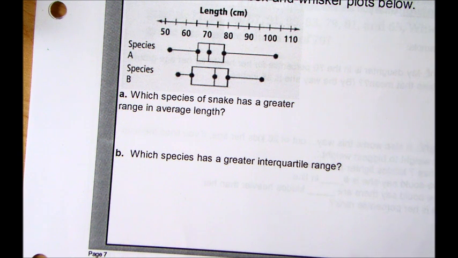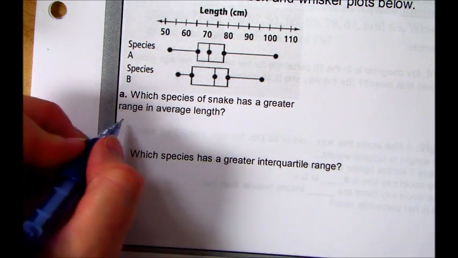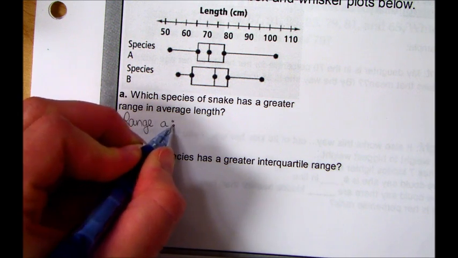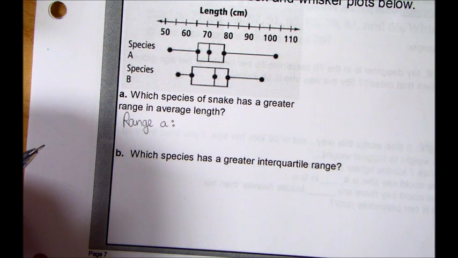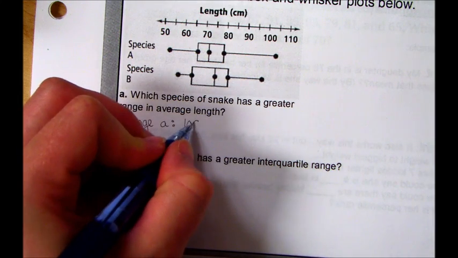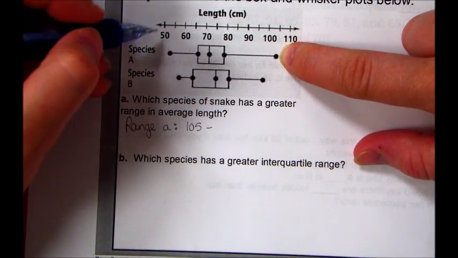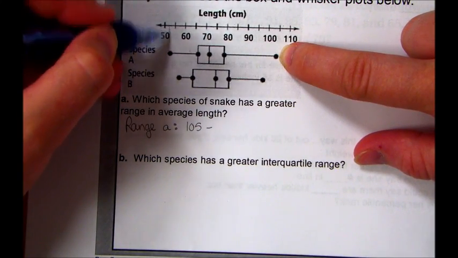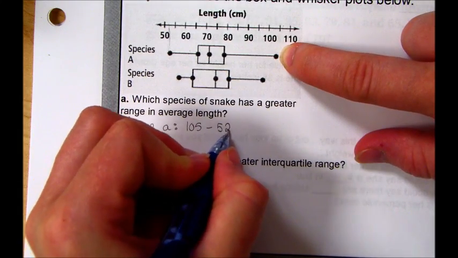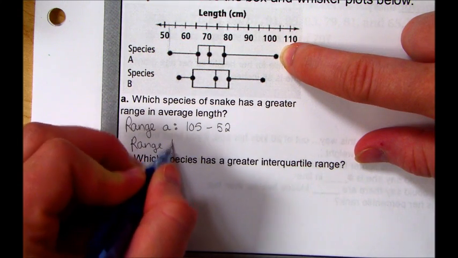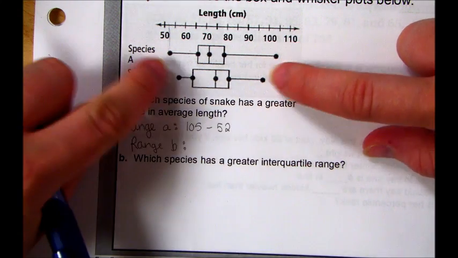So when I look at the range of A, it's the top number, which is about 105, minus the bottom number, which is like 52-ish. And then I look at the range of B. You probably don't even need to write numbers down. You can visually see it.